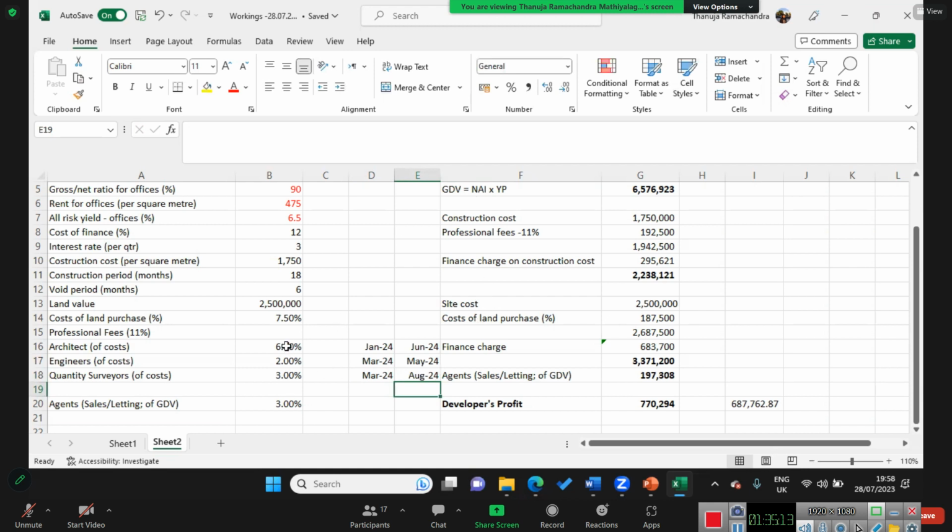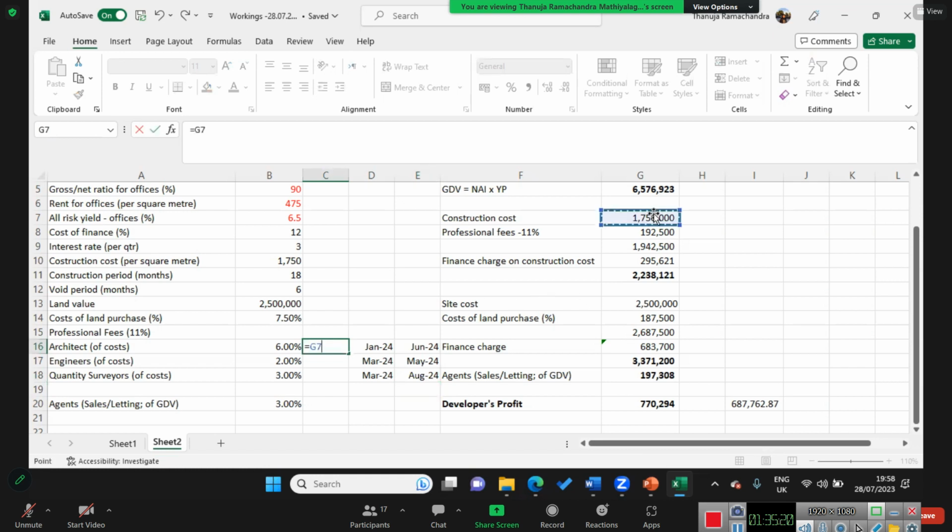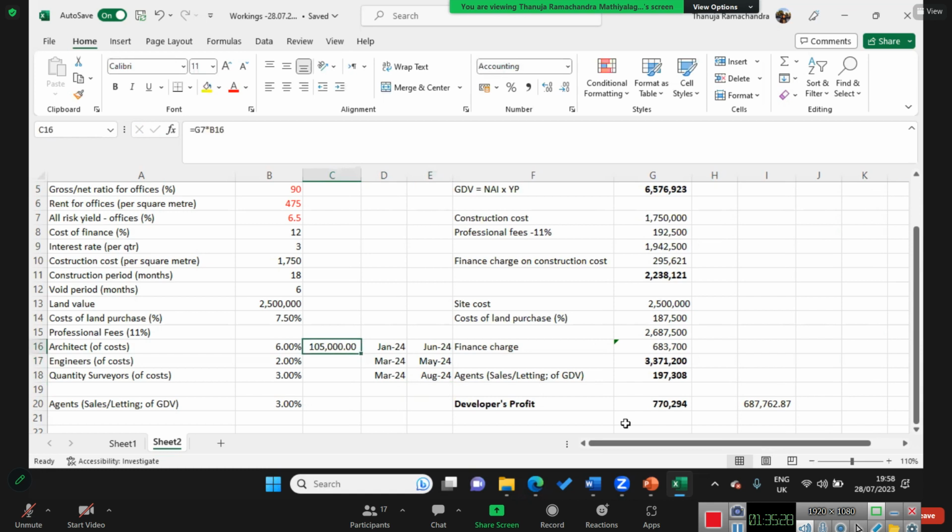So therefore their particular amount, we need to take this into 6%, okay? And that 105,000 we need to pay throughout the 6 months.